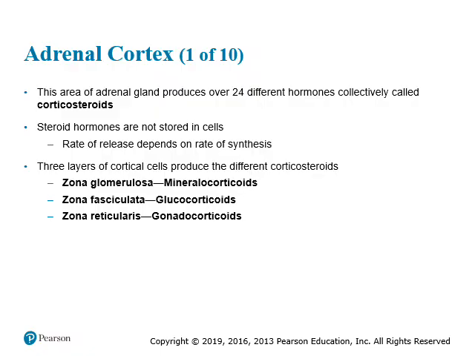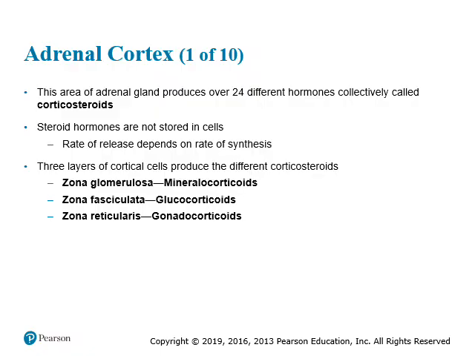The three layers of cortical cells produce the different corticosteroids. And these will be, just like what I mentioned, the zona glomerulosa, which produces mineralocorticoids, the zona fasciculata produces glucocorticoids, and your zona reticularis are the ones that produce the gonadocorticoids.